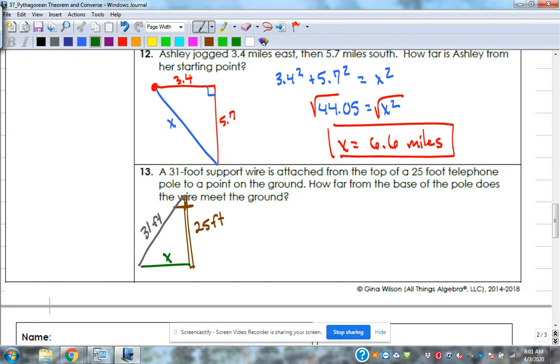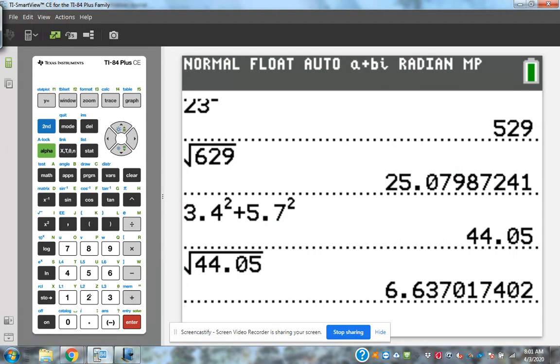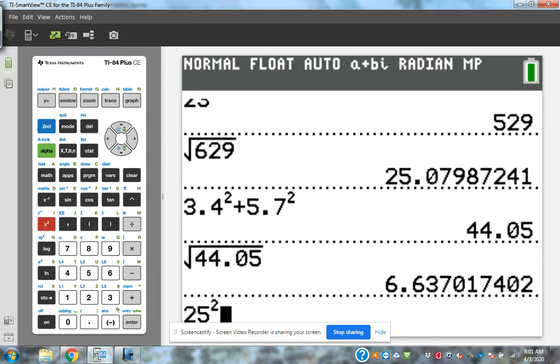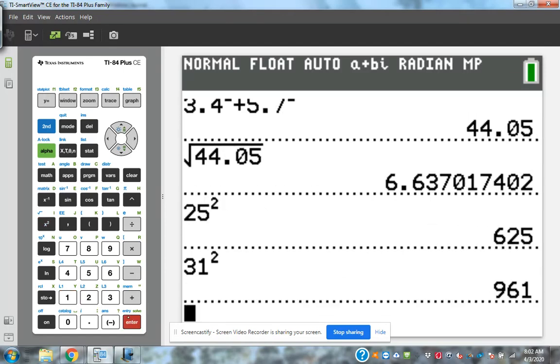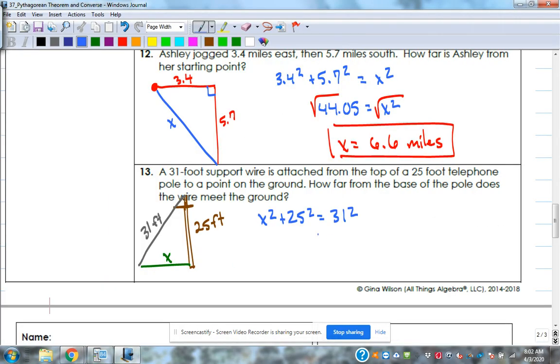this distance. So again, we have a nice right triangle that we've created. x squared plus 25 squared is equal to 31 squared. 25 squared is 625, 31 squared is 961.